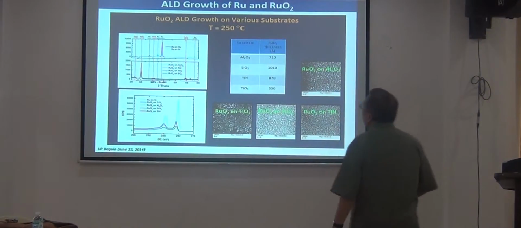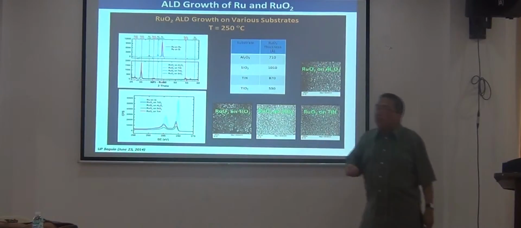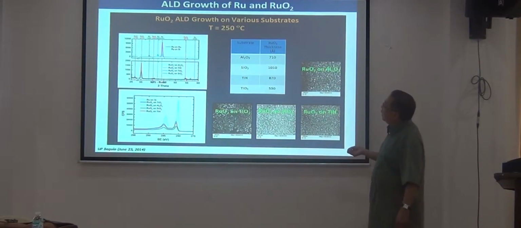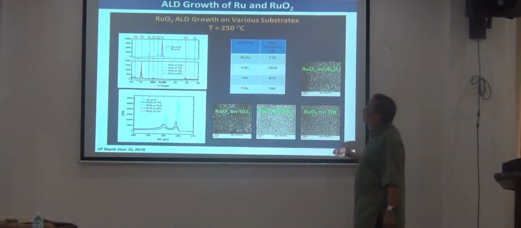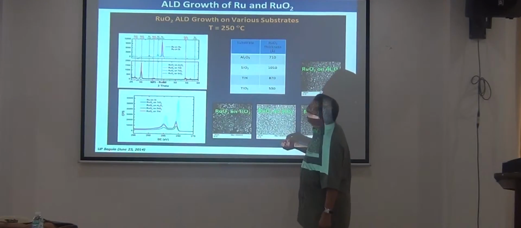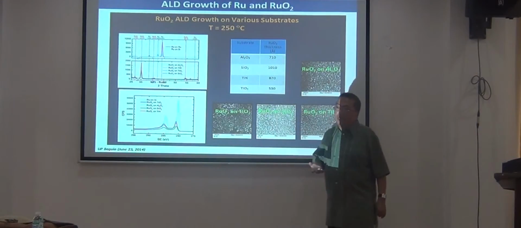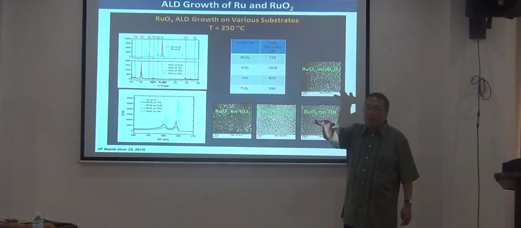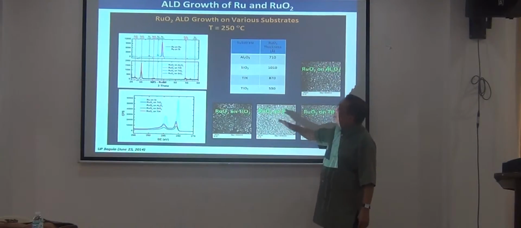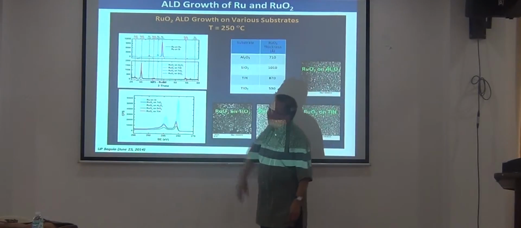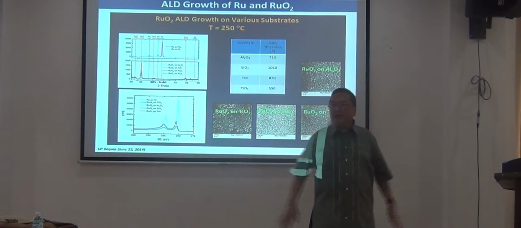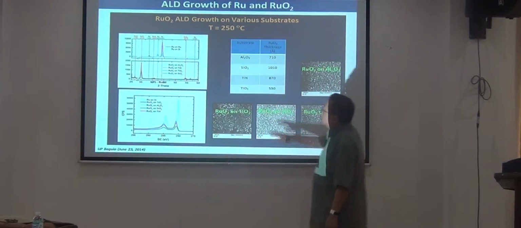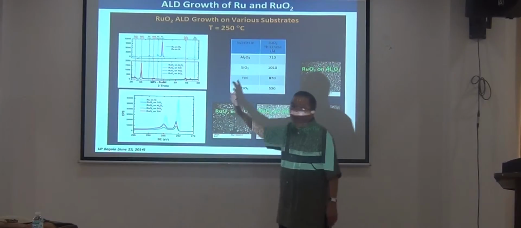Not only that, it also depends on the substrate. Because in this case, for example, if you use silicon as the substrate, we're doing this at 250 C, right? And supposedly, we should get just ruthenium oxide. It's not the case, because if you use bare silicon as the surface, you get ruthenium, not ruthenium oxide.